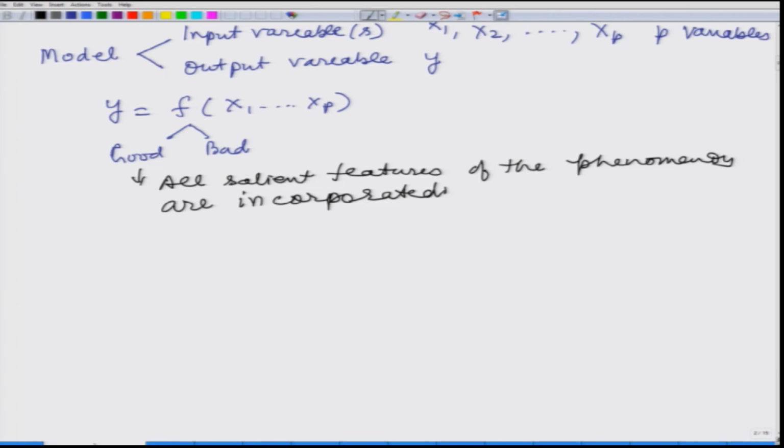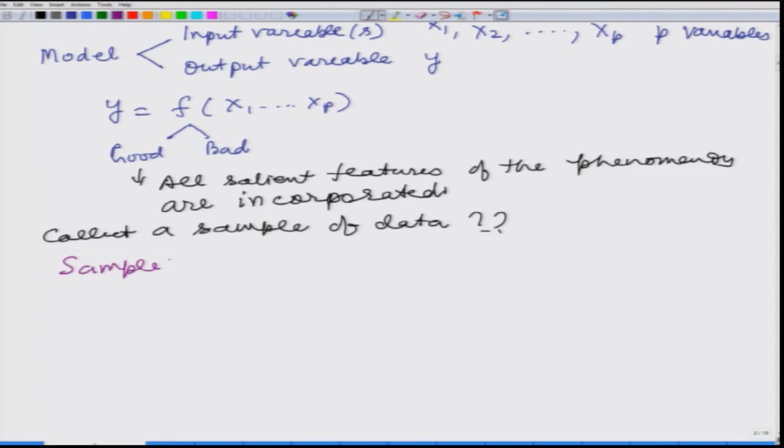So for that, we try to collect a sample of data. Right. How do we say what is a sample? That is the basic question. You see, a sample is nothing but a fraction of a population. A small fraction of the population.